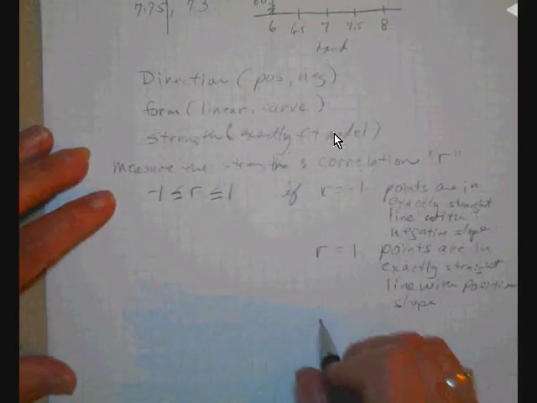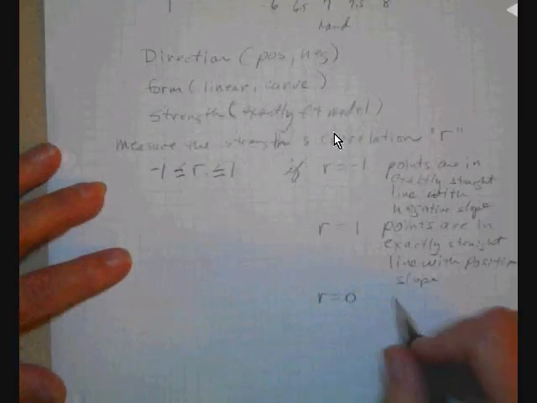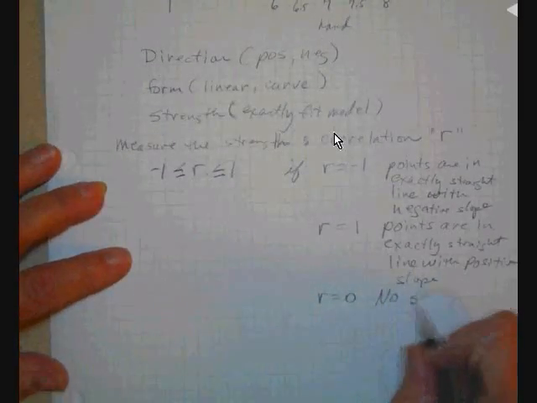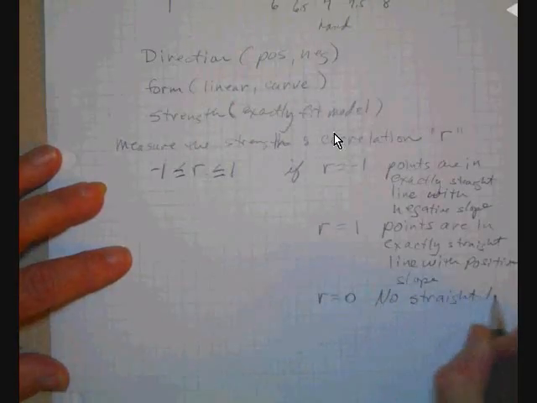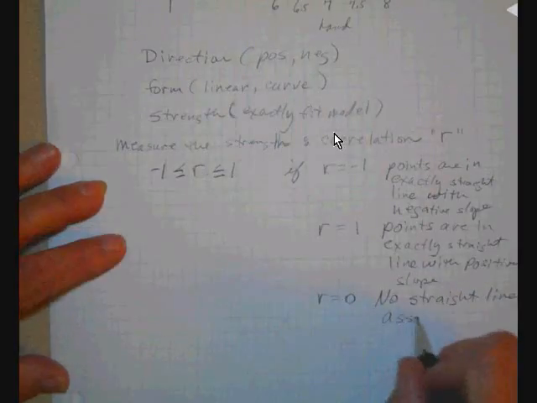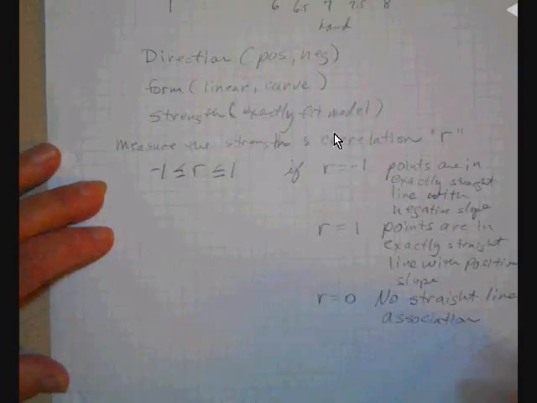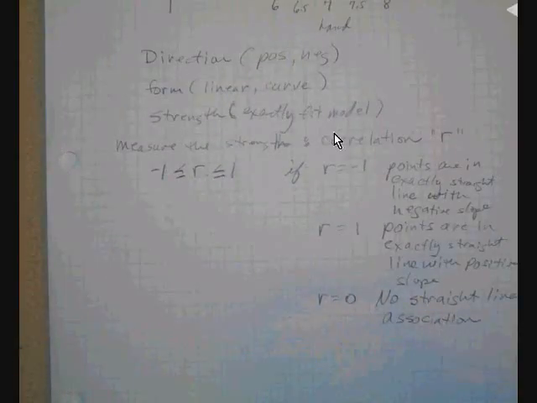And if R is equal to 0, then there is no straight line association or relationship. There may be a curved relationship, but there's no linear relationship.